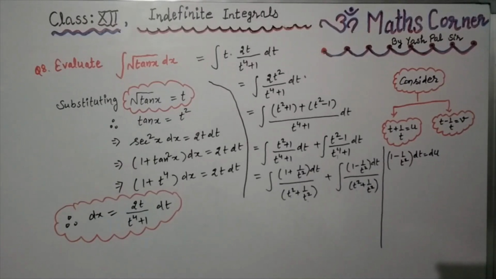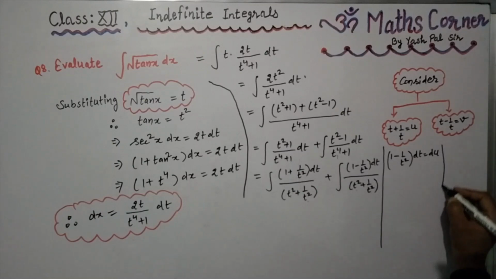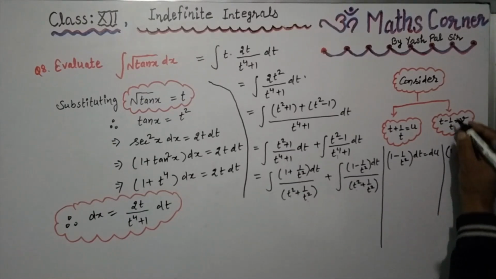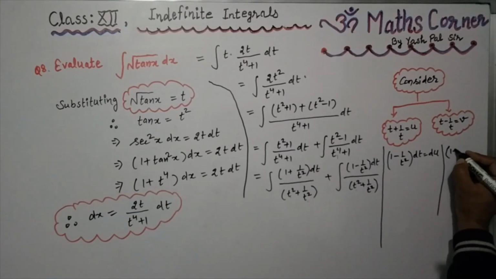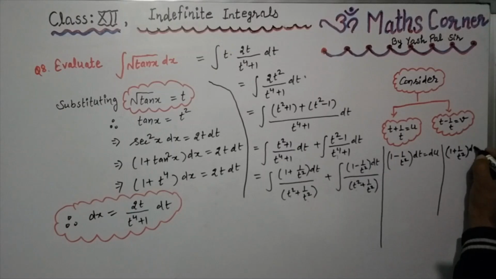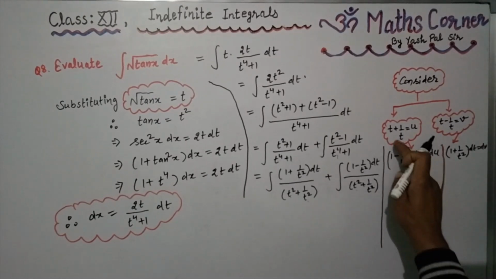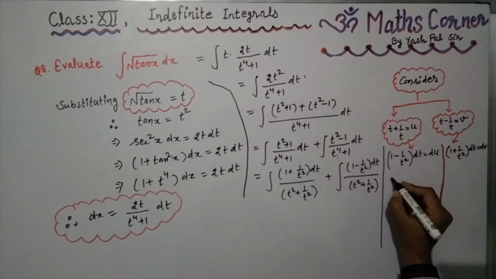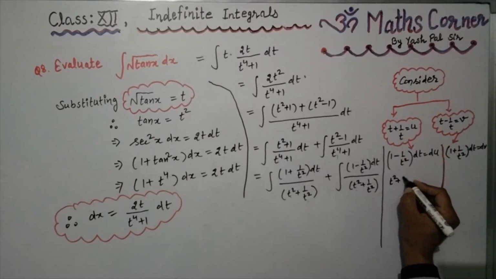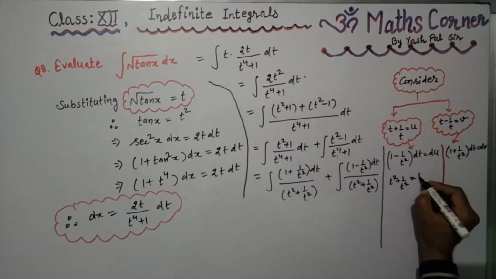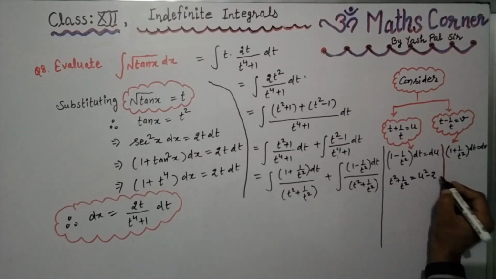Derivative of t is 1, derivative of 1 upon t is minus 1 upon t square with respect to t. So dt, right side is du, right? Similarly here, derivative of t is 1, minus 1 upon t derivative is plus 1 upon t square into dt, which is equal to dv.